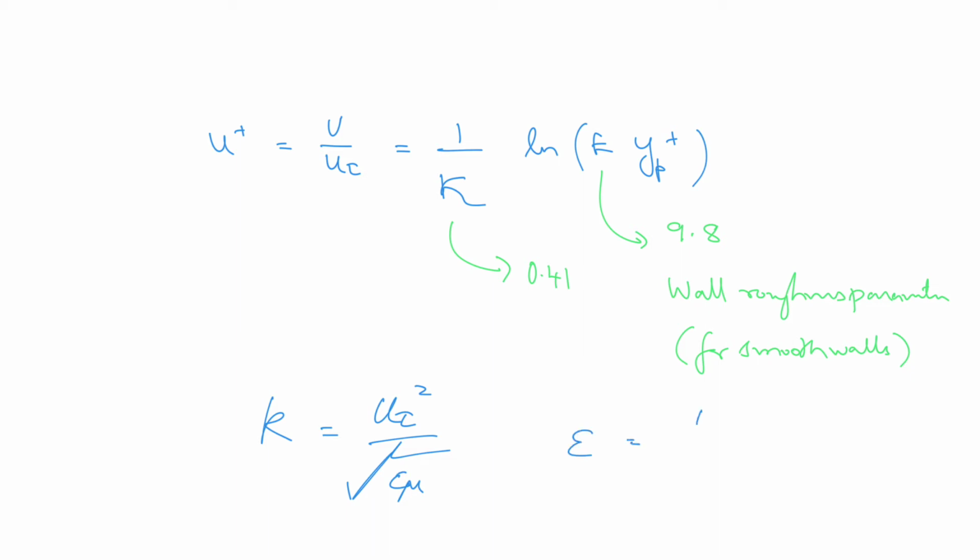Epsilon is given by u tau square by kappa y. So this is the wall function for high Reynolds number flow.